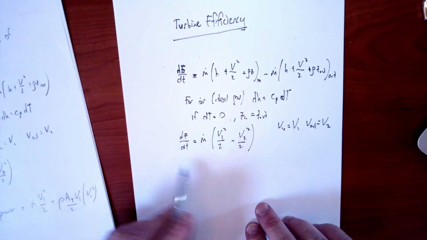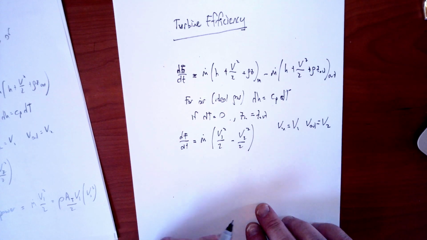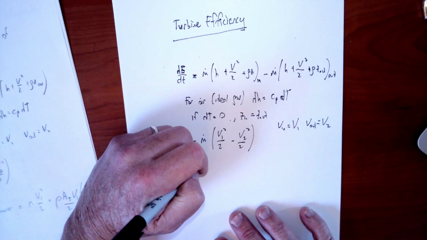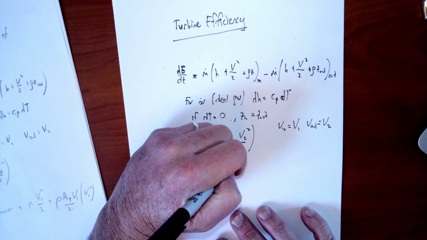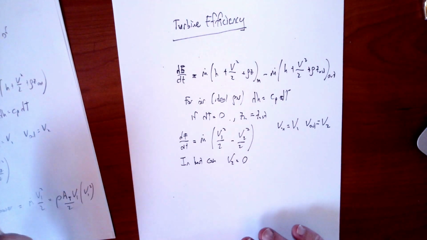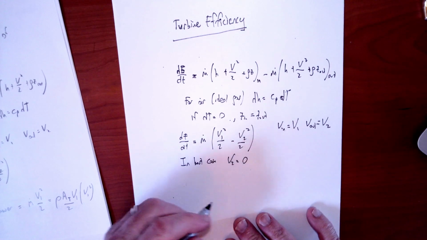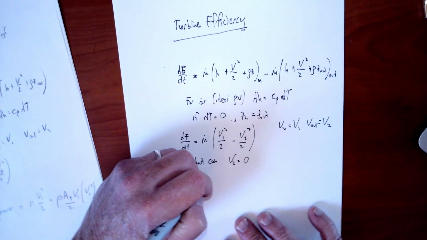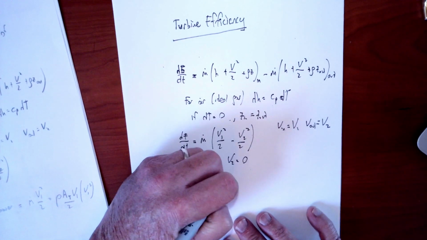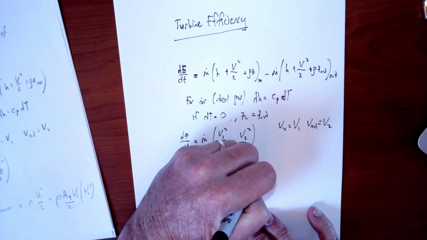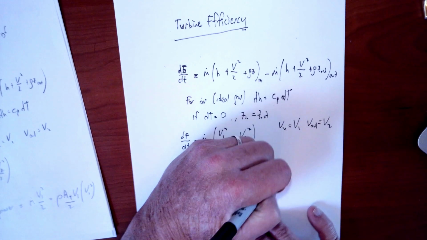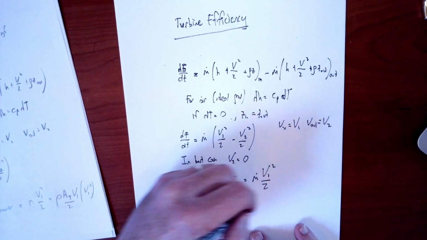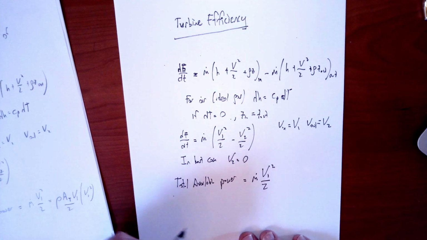And so we can write this amount of energy here. In the best possible case, we're going to say V2 is equal to 0. That is, we're going to take all the energy out with our turbine. So we would say the total available power from this wind stream is equal to m dot V1 squared over 2. We can write m dot in terms of our velocities.